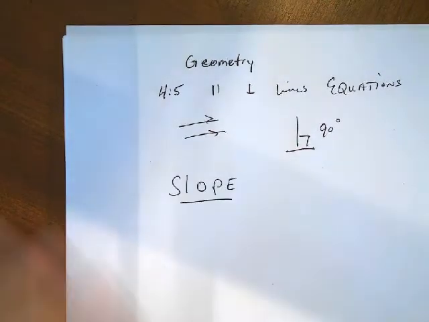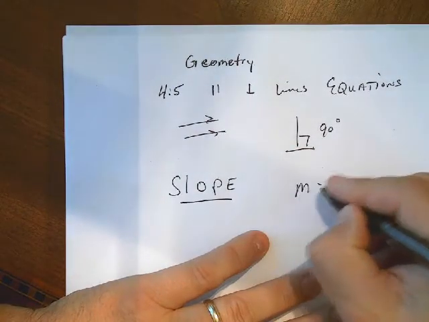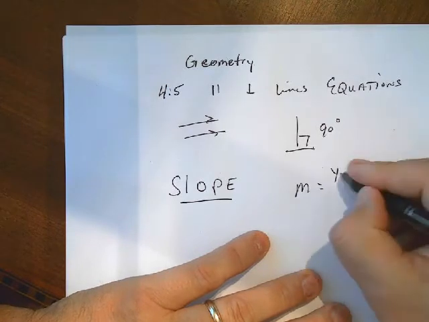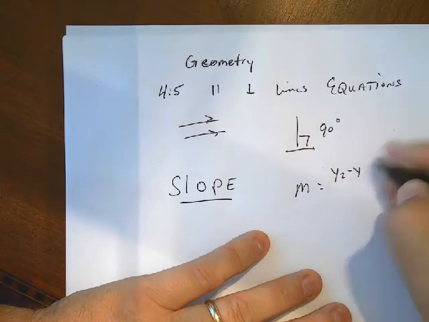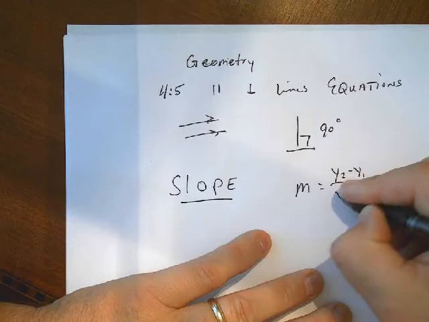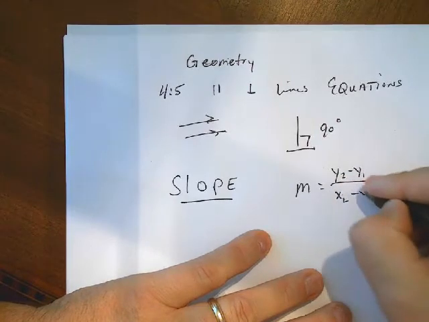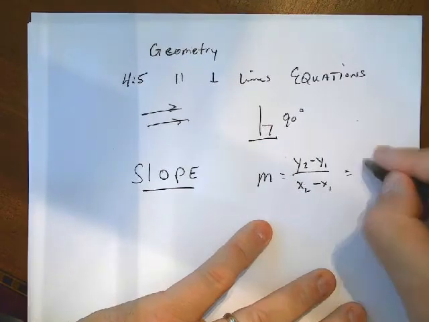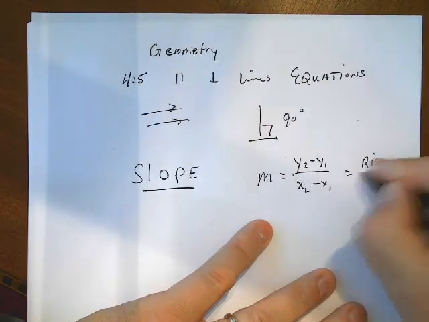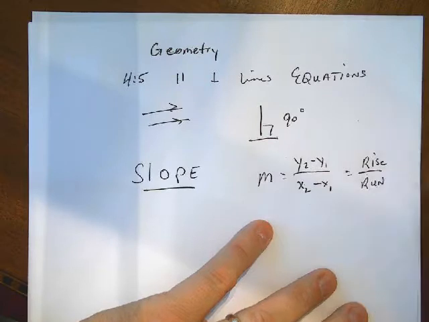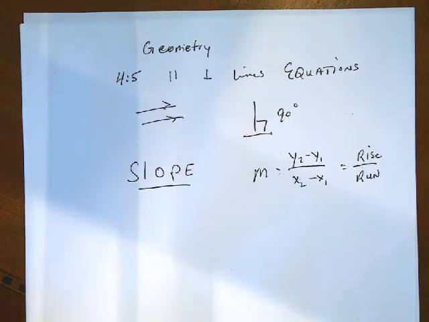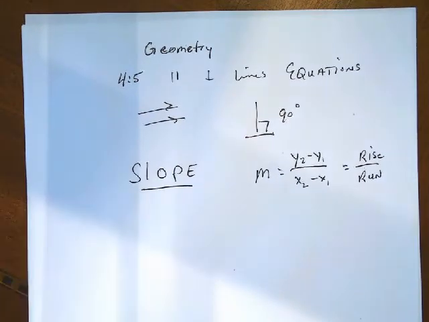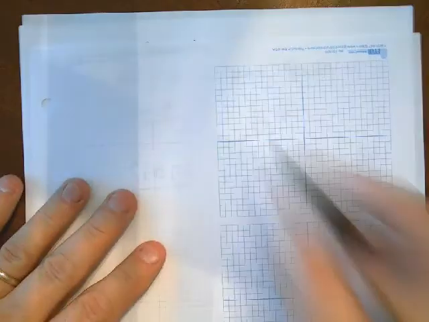what a slope is. Slope, we know, is the change of y, the rise over the run. So that's how we find it. Slope is how much a line goes up or down as you read it from left to right.